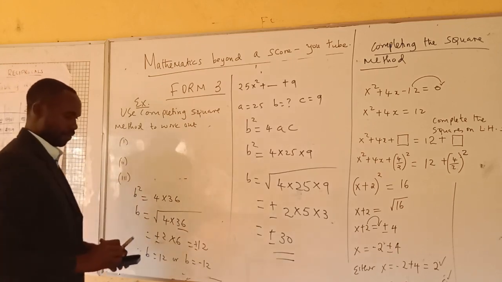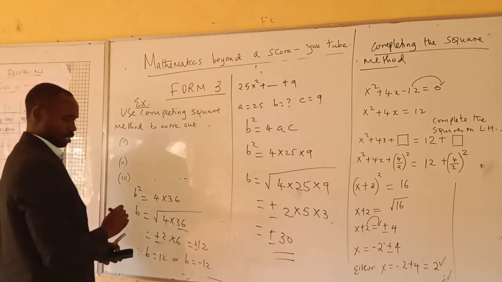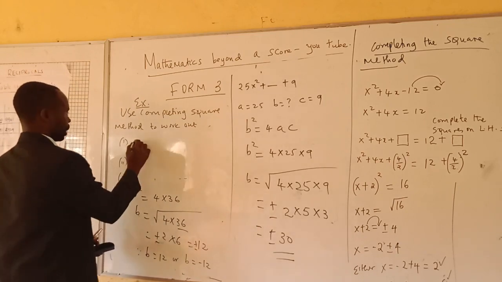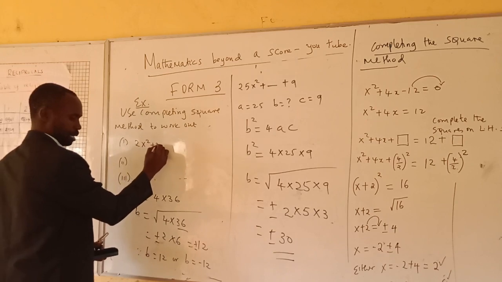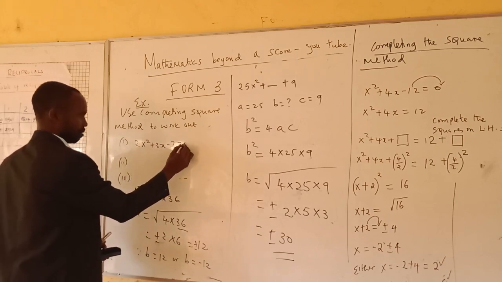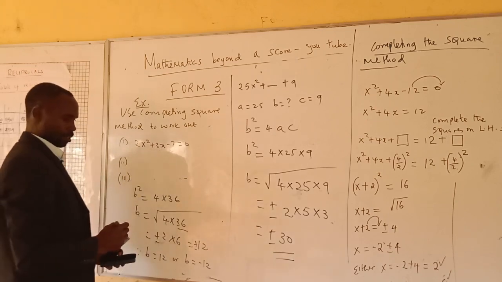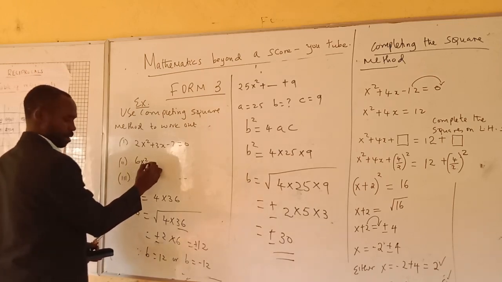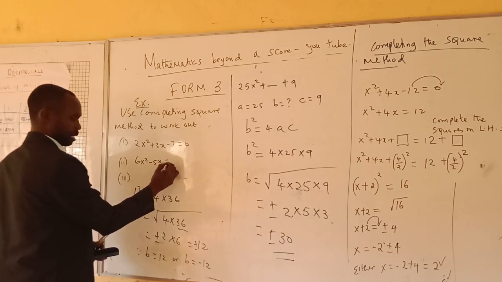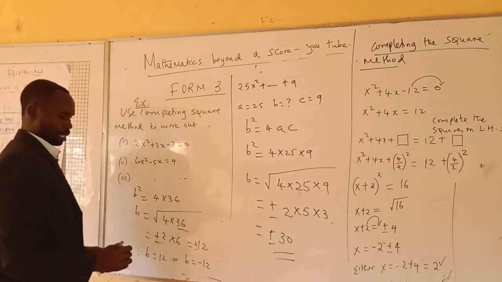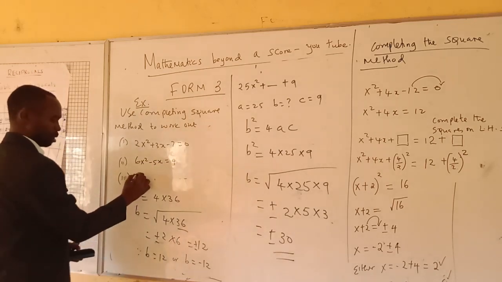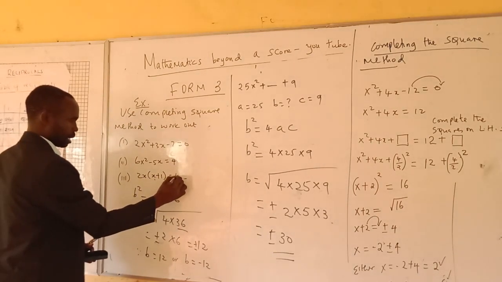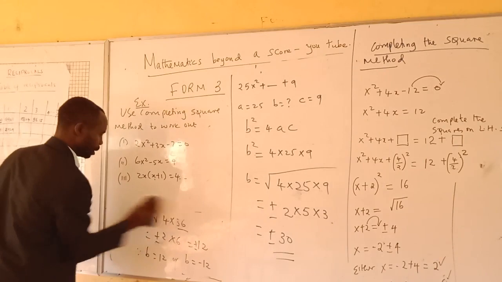These ones are enough. I'll begin with 2x squared plus 3x minus 7 equals 0. Then 6x squared minus 5x equals 4. And then the last one is 2x times x plus 1 equals 4. So do these ones.